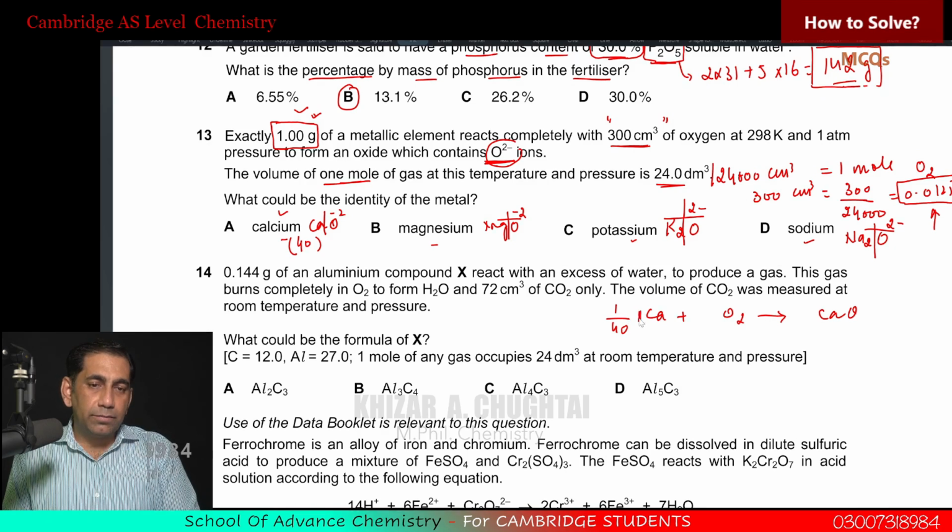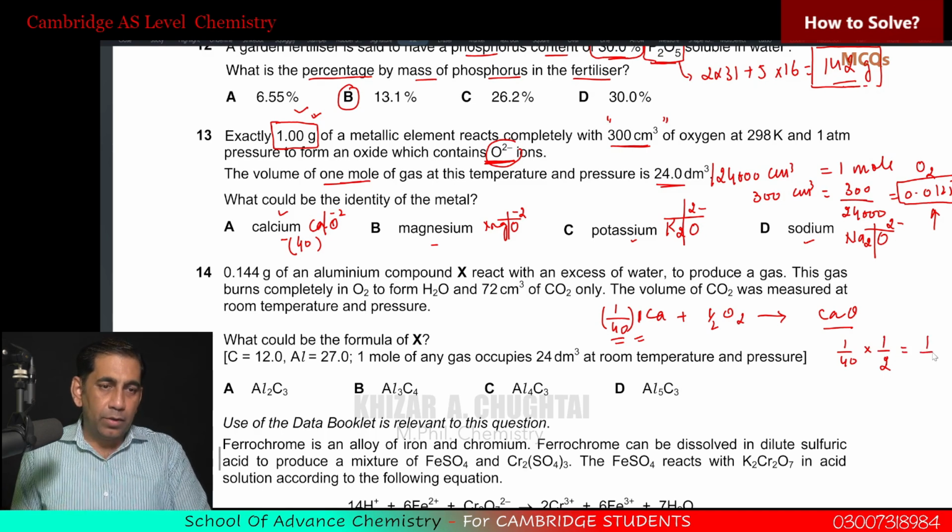1 mole of calcium is equal to half mole of oxygen, right, for the balanced chemical equation. So 1 over 40 mole of calcium will demand half of that in oxygen, and it will be 1 over 80.